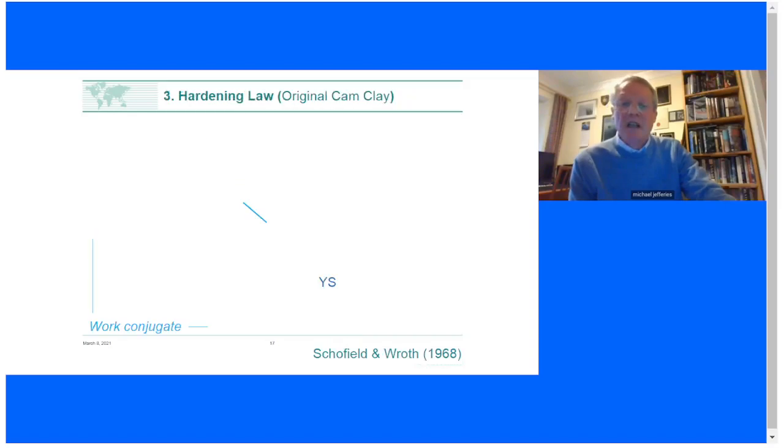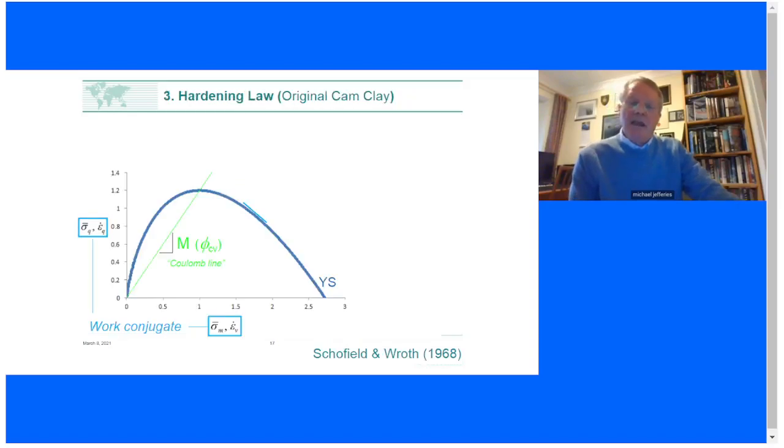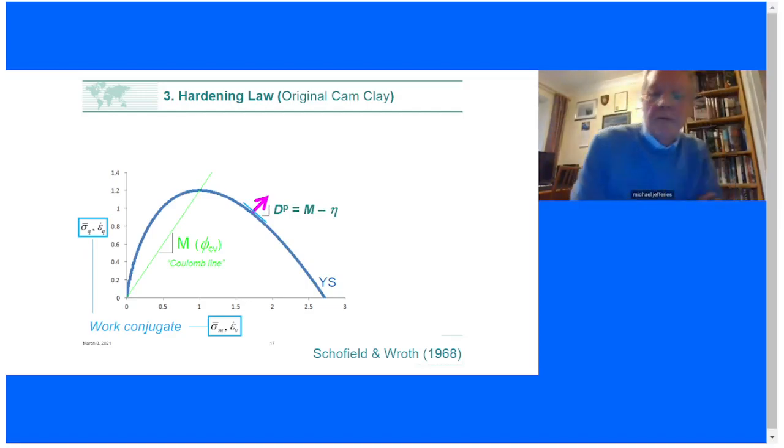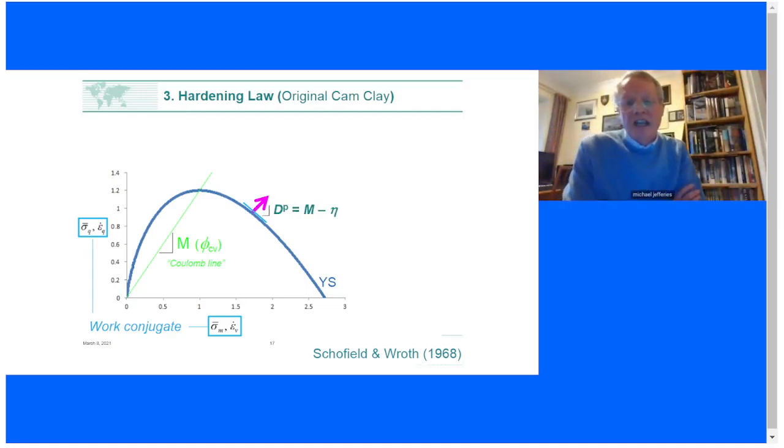Now, the next step is this. This was the key thing for pulling the whole thing together. What you're looking at here is two graphs put on top of each other. So if you look at my y-axis, I'm plotting here sigma q, my deviatoric stress, but I'm also plotting, if you like, on a second graph underneath it, the distortional strain increment, epsilon q dot.